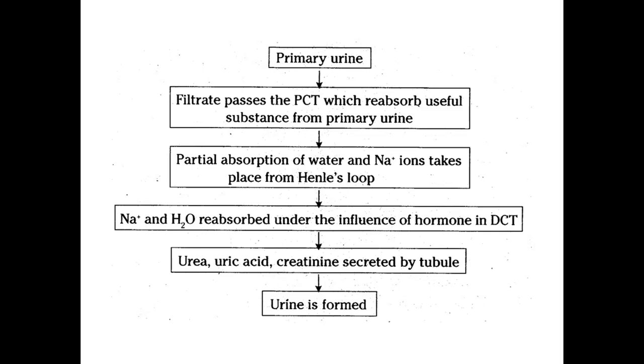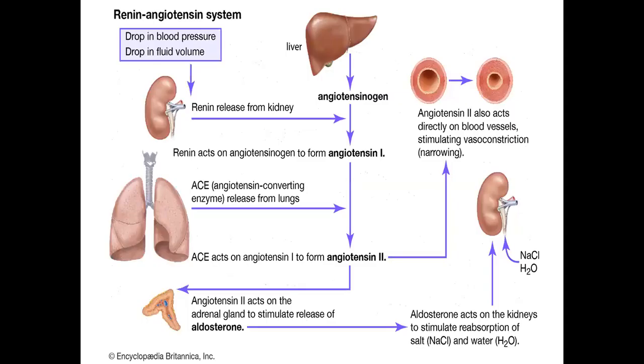And this functioning of the kidney is also associated with a major important function, which is termed the renin-angiotensin-aldosterone system, that is the RAS. I will give a brief explanation of what exactly the RAS is.